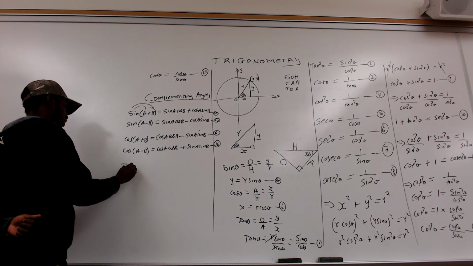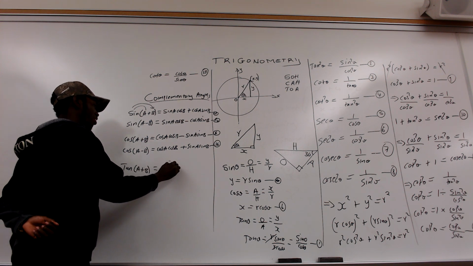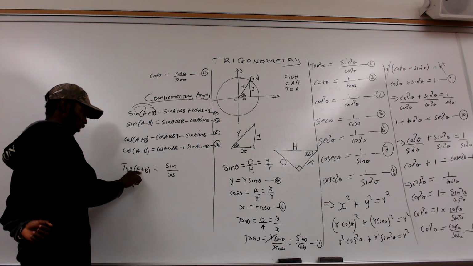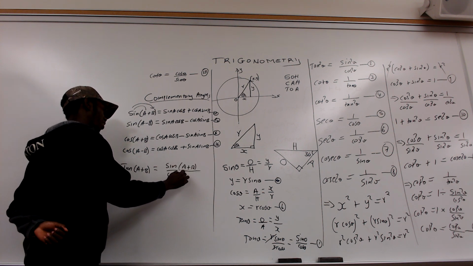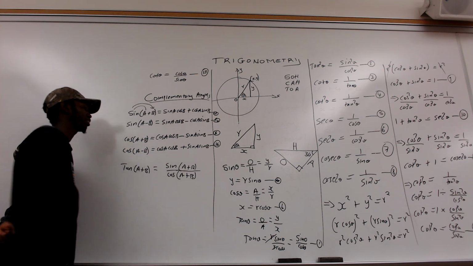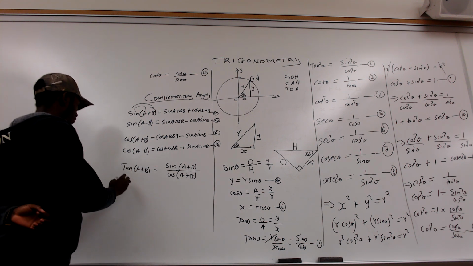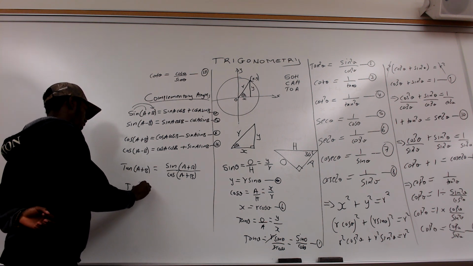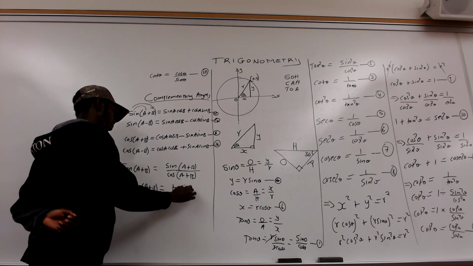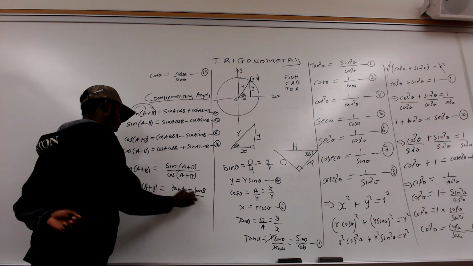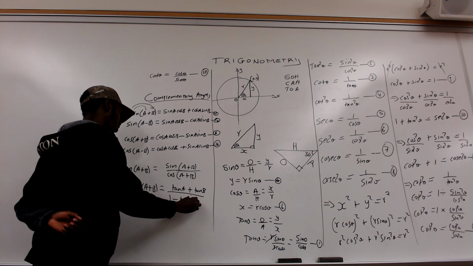Tan of A plus B is the same: you know tan is sine all over cos, so it's going to be sin of A plus B divided by cos of A plus B. In simplified form, tan of A plus B can be written as tan A plus tan B divided by 1 minus tan A tan B, since here is plus, the denominator is minus.